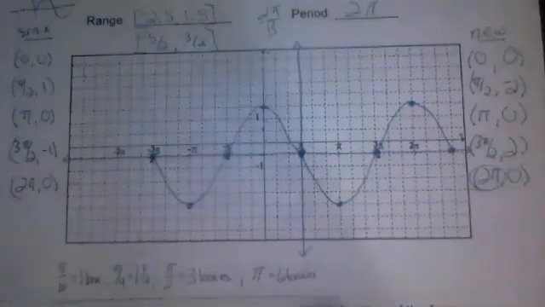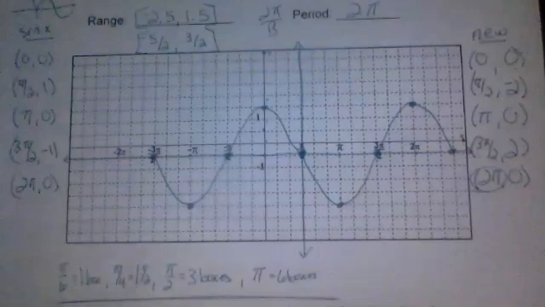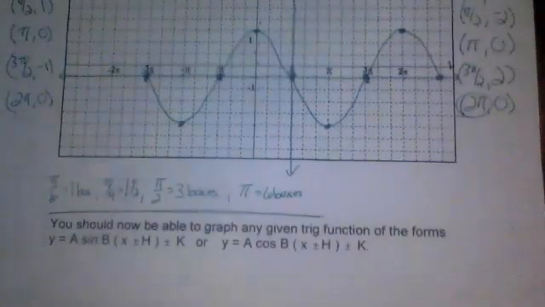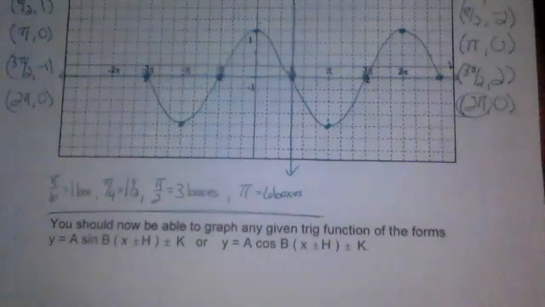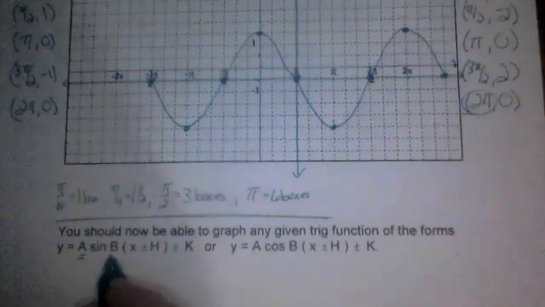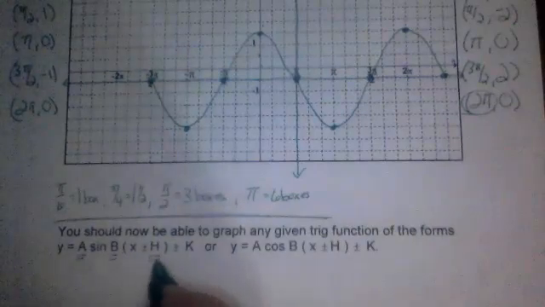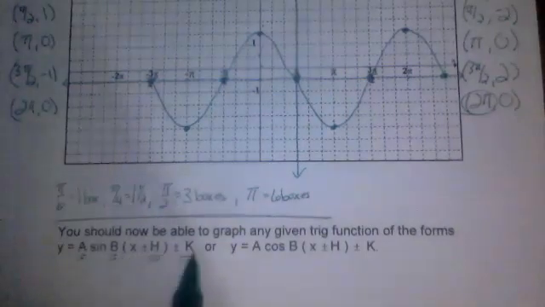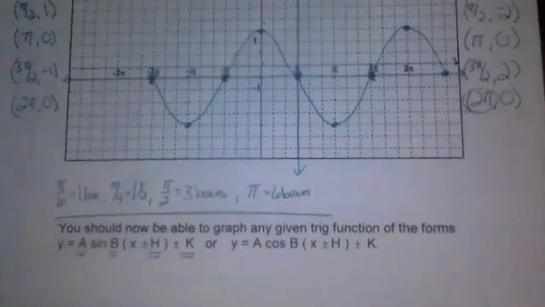So hopefully this will help you out some right here too if you're having trouble with the fractions. Now, with that said, you should be able to graph any sine or cosine graph that has an amplitude change, a period change, a left-right, or an up-down translation. So these values, just like any other function, are going to change your x's and your y's, change your shifts.